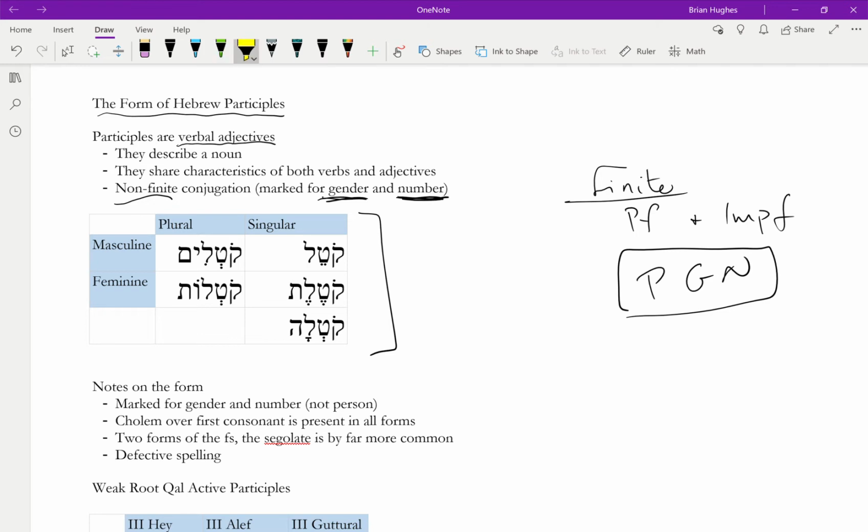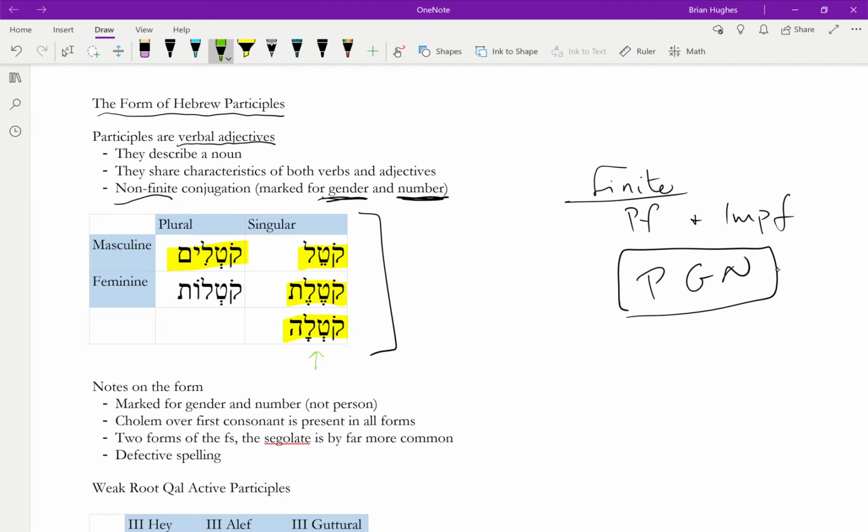As for the forms here, in the masculine singular, using the verb qatal, to kill, we get qotel. In the masculine plural, we get qotelim. In our feminine singular, we get two forms: qotelet, or qotla.